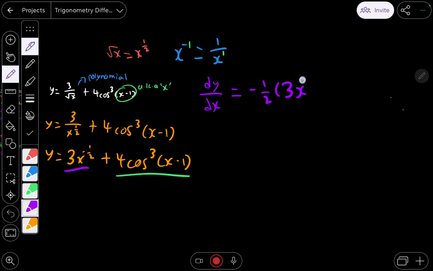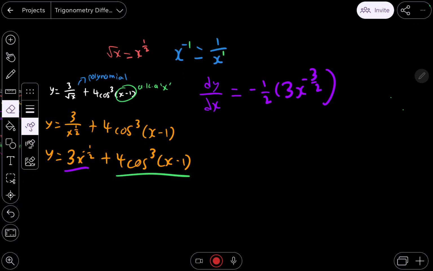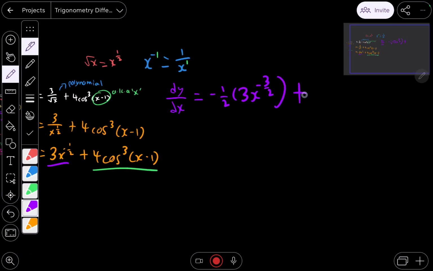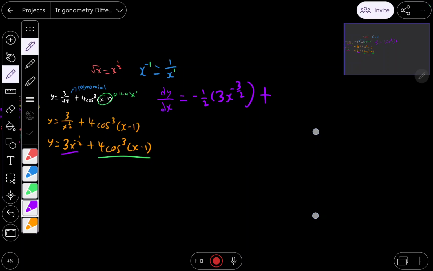This will be minus 3 over 2. Okay, and then this will be now your plus. Alright, so you will add a plus sign. Just copy and paste, remember?